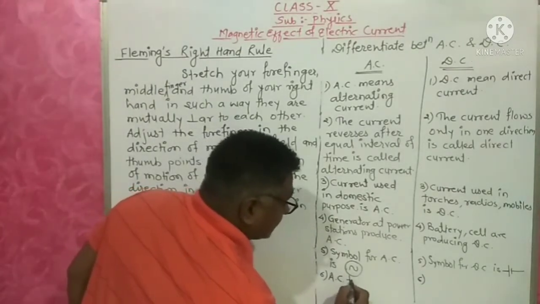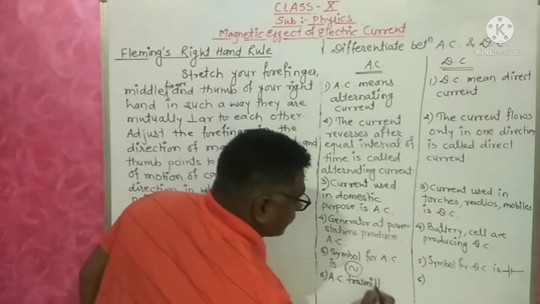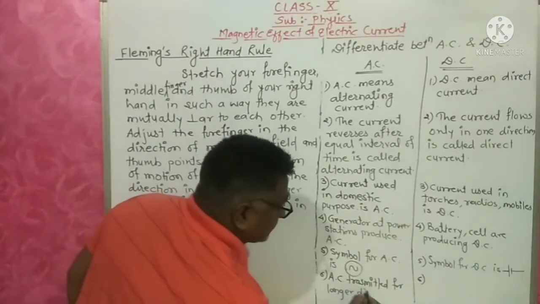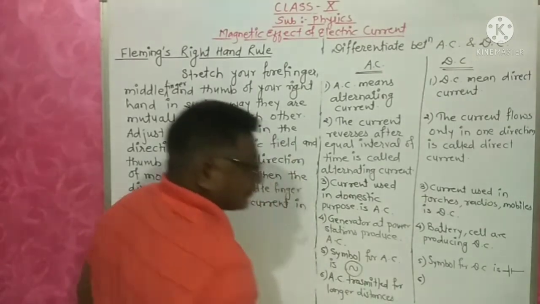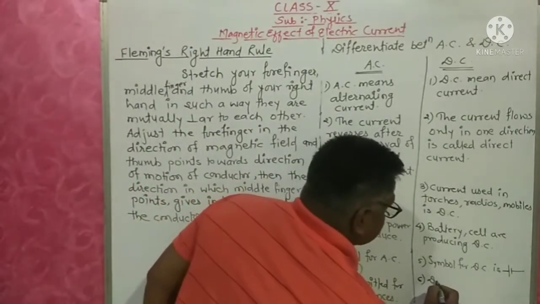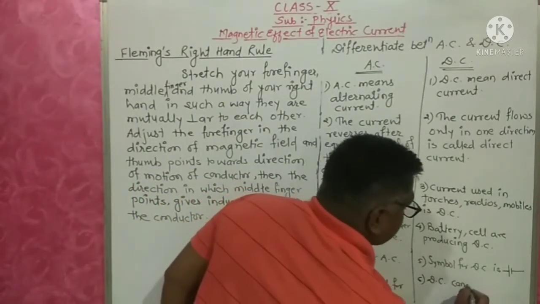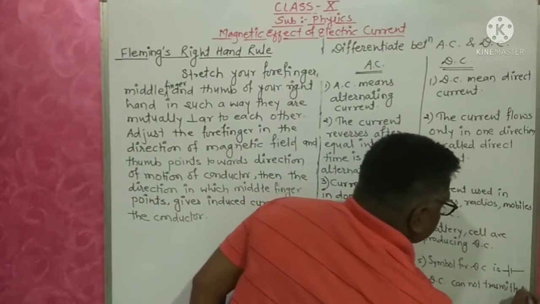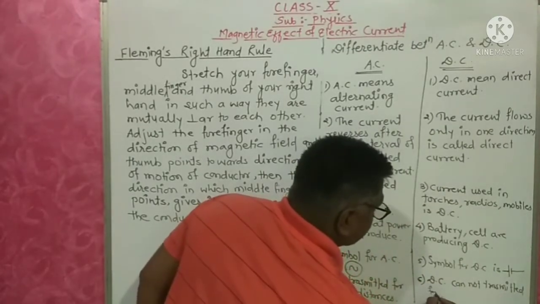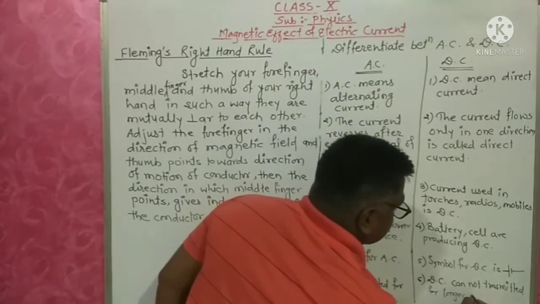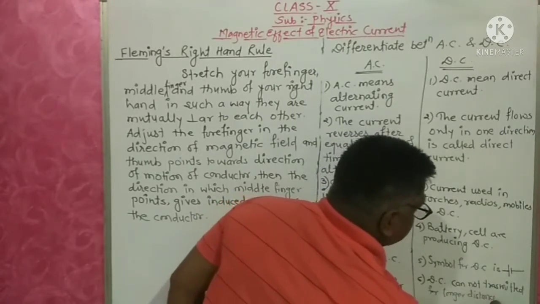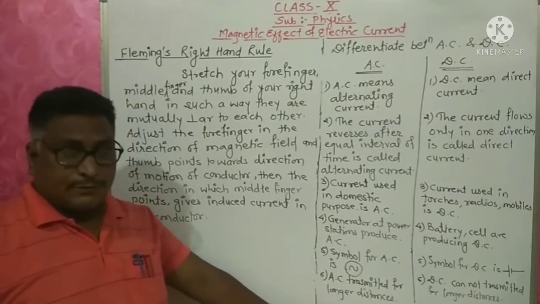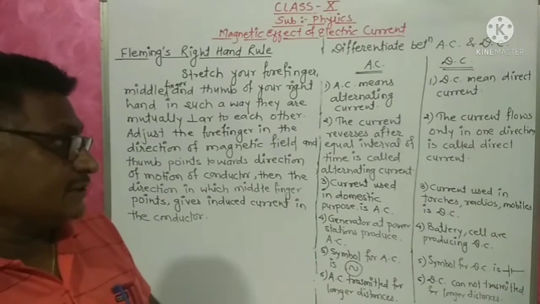AC current is transmitted for longer distances, but DC current cannot be transmitted for longer distances. Understood this? So these are the 6 points.